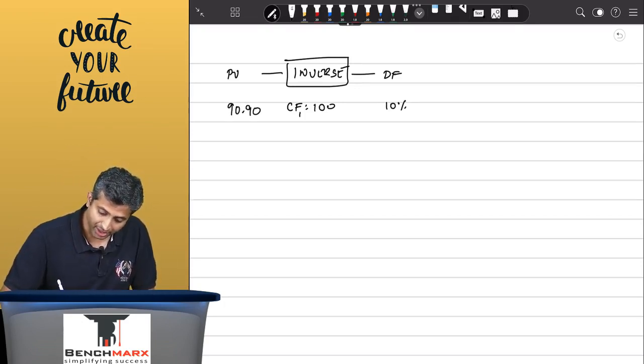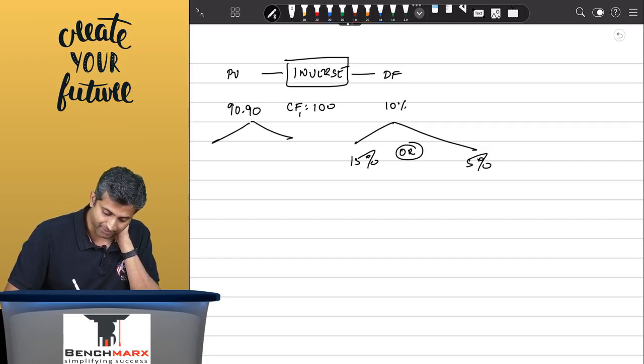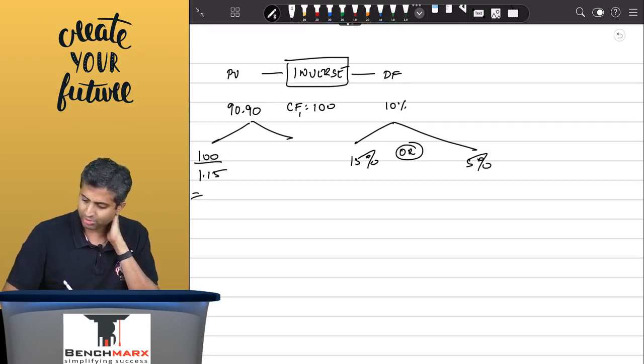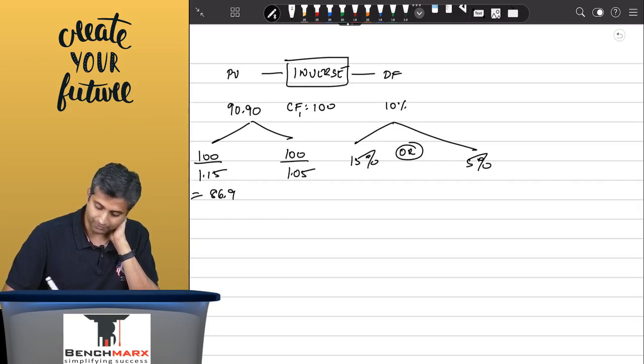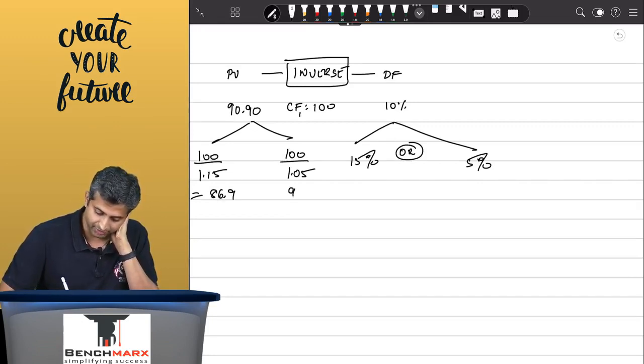However, if the discount rate goes from 10 to 15%, the value will be 100 divided by 1.15, which is 86.9. Whereas if it goes to 5%, this is 100 divided by 1.05, discounting for 1 year, so this is 95.